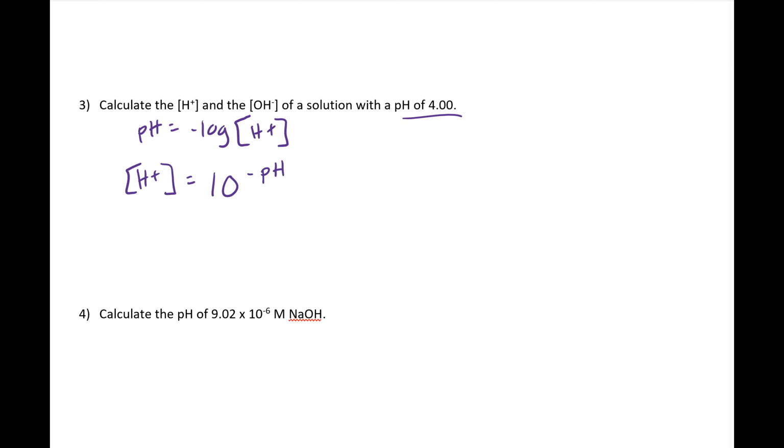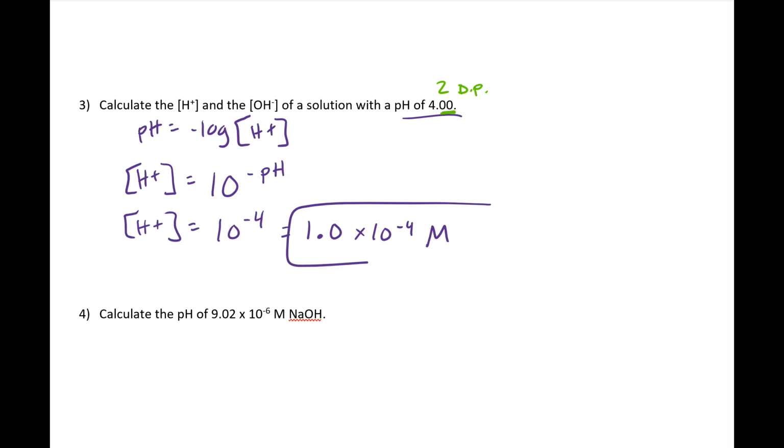I'm going to plug in the pH, negative 4. So the concentration of hydrogen is equal to 1 times 10 to the negative 4. Now for sig figs, my pH has 2 decimal places, so that means 2 sig figs in my reporting of the molarity of hydrogen. So 1.0 times 10 to the negative 4 molar.